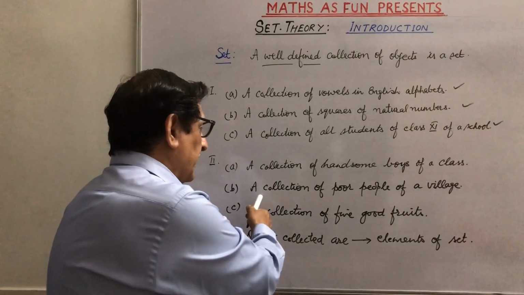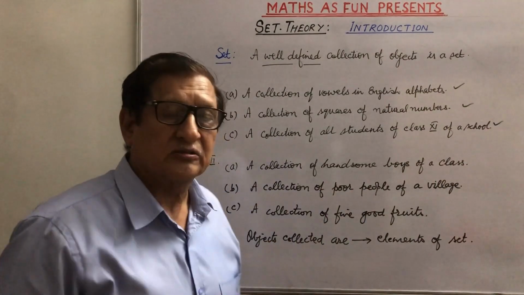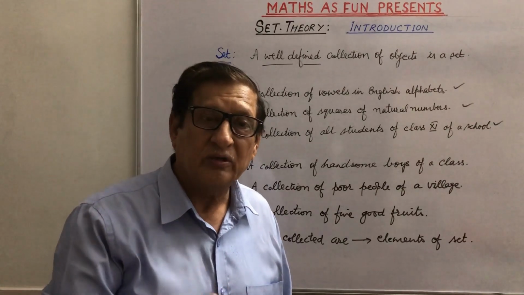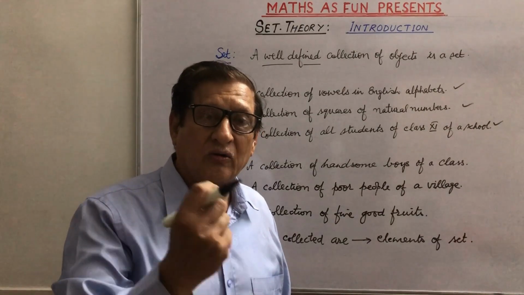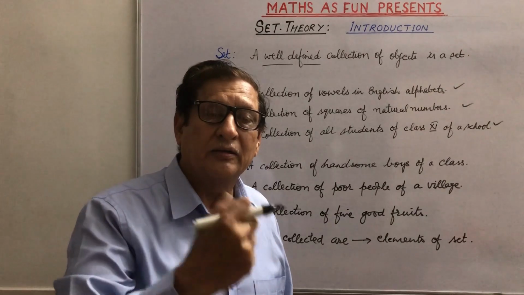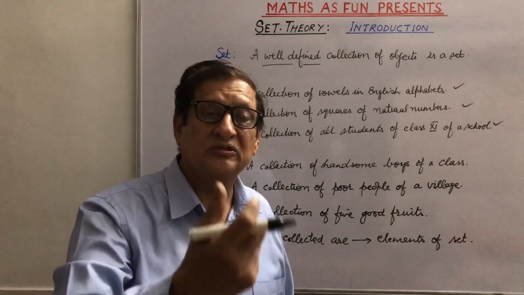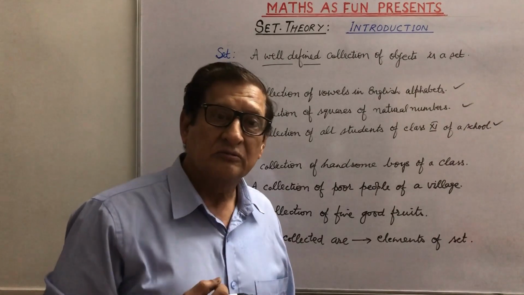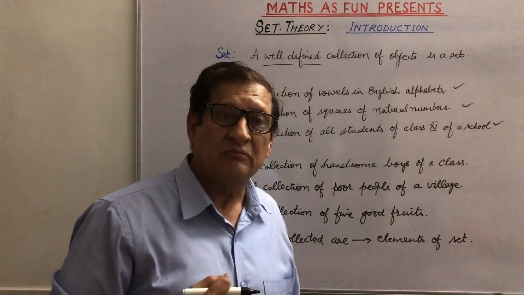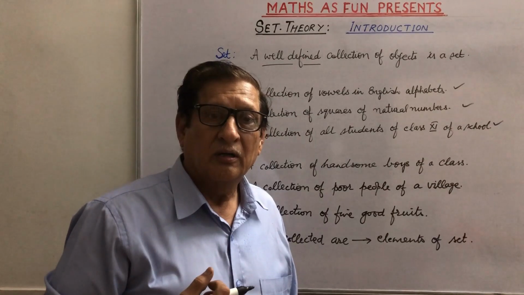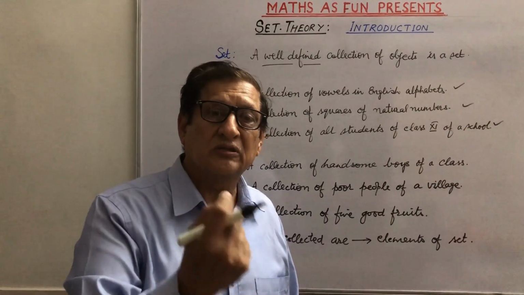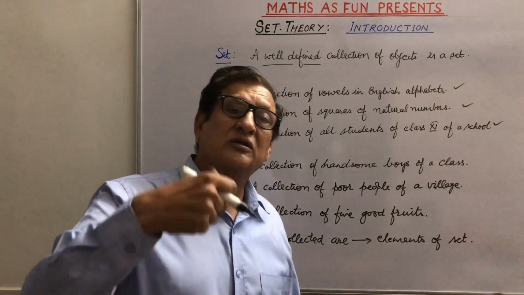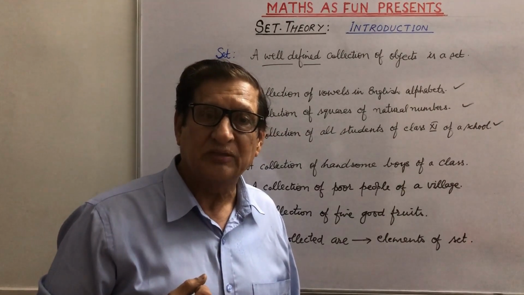Next is a collection of poor people of a village. Poverty we understand by richness or poorness. The person who has more income, we say he is rich. And the person who has less income, he is poor. Suppose a person is earning 1000 rupees a month and another is earning 5000 rupees a month.